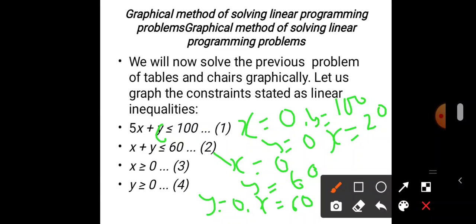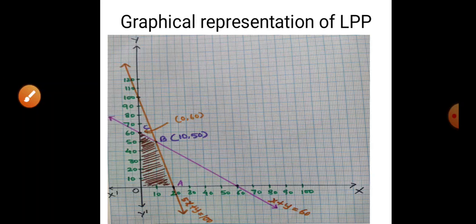So in this way, first we have to take these inequalities as equations, then we make a table to draw the graph. After taking the values, if we draw the graph, we will get this type of graph, which you have already learned in class 11th.